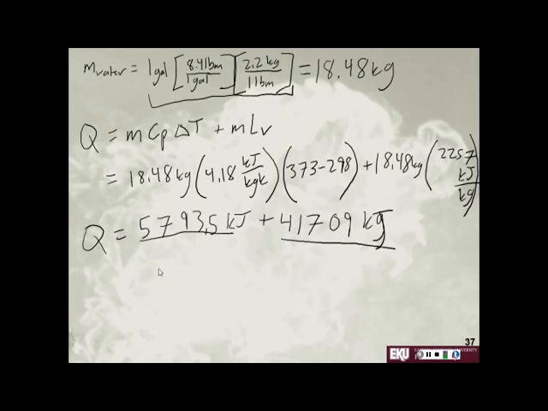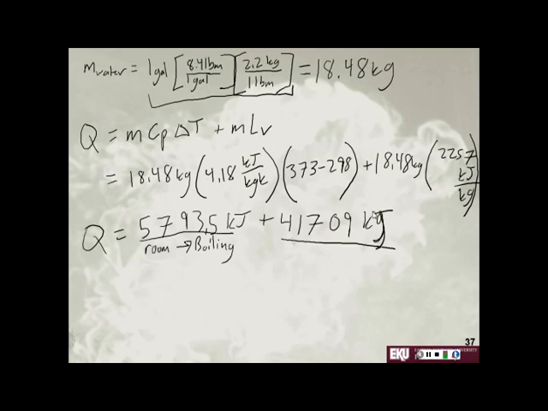To raise the temperature of the mass of water from room temperature to boiling took 5,000 or 6,000 kilojoules. To actually change the phase of the water took 42,000 kilojoules.